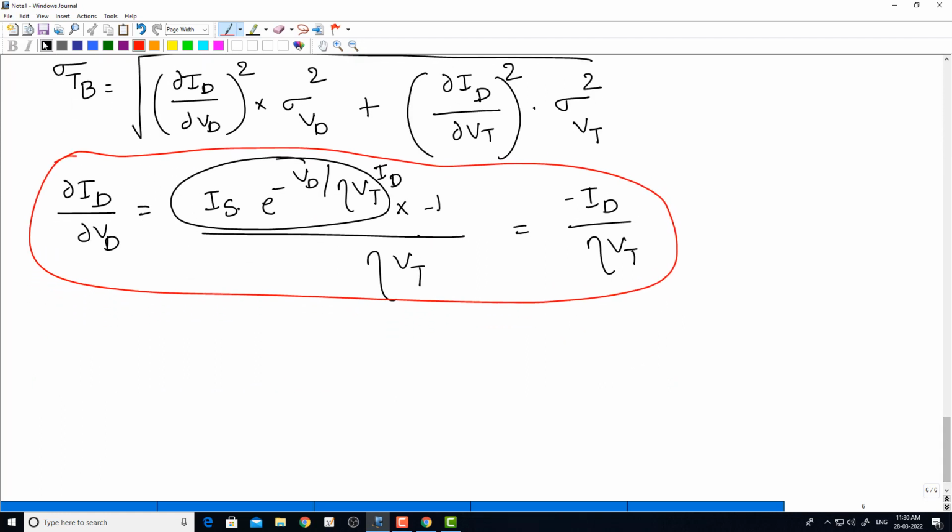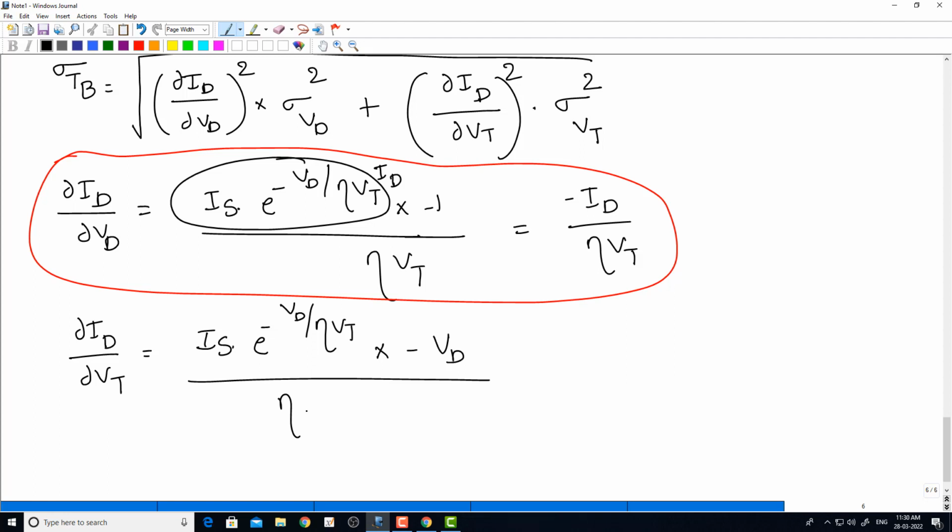This is the partial derivative of the diode current with respect to the bias voltage. Similarly, we need to calculate the partial derivative of the diode current with respect to the thermal voltage. That is Is into e to the power of Vd by eta Vt into Vd divided by eta into Vt square.